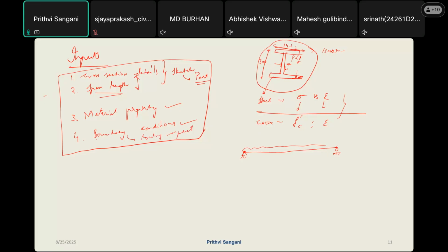Fine. So these are your inputs and outputs. So what outputs do you need from this? You want moments, you want deflections, you want shear force, you want stress concentrations, you want to see stresses as well, you want to see strains as well.